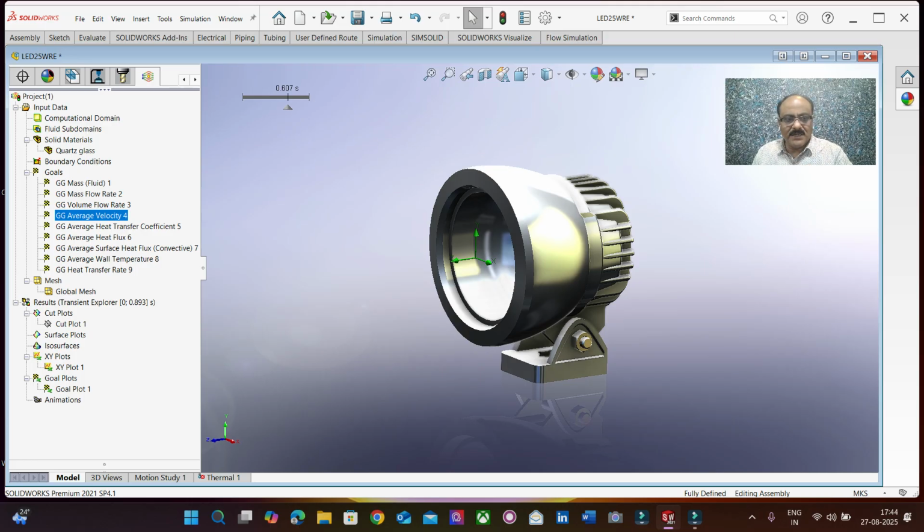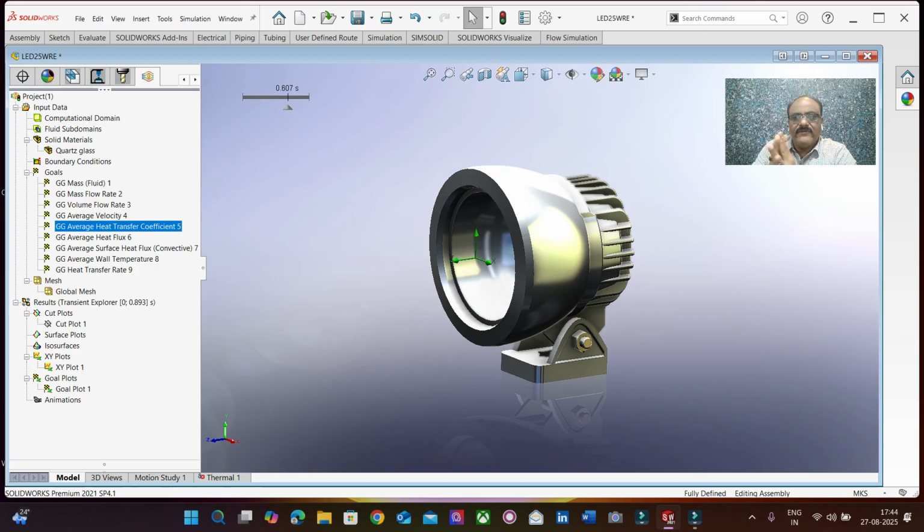Now I need to understand what the heat transfer coefficient is. The average heat transfer coefficient is what I need to understand. That is very important, because air is going to act as a fluid in this particular domain, and air has a certain convection coefficient.